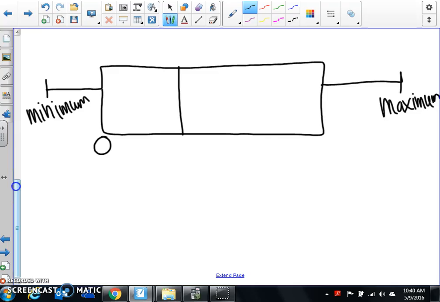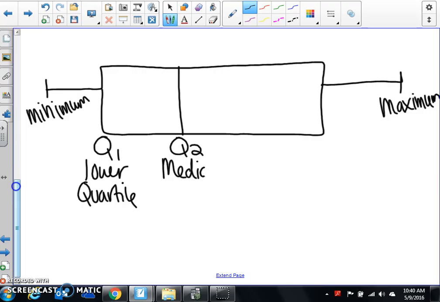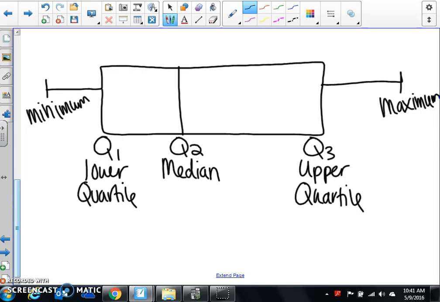So this is your Q1, aka your lower quartile. This is your Q2, aka your median. And this is your Q3, aka your upper quartile. Okay?